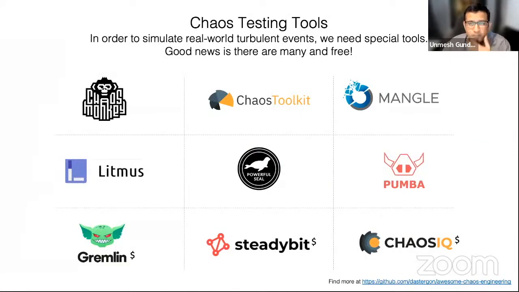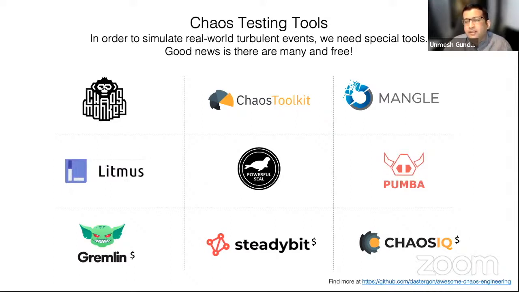So in terms of tools, there are many tools available today. It started with Chaos Monkey. It is a small library that you can inject in your application or in your environment, and then you can run different types of experiments.